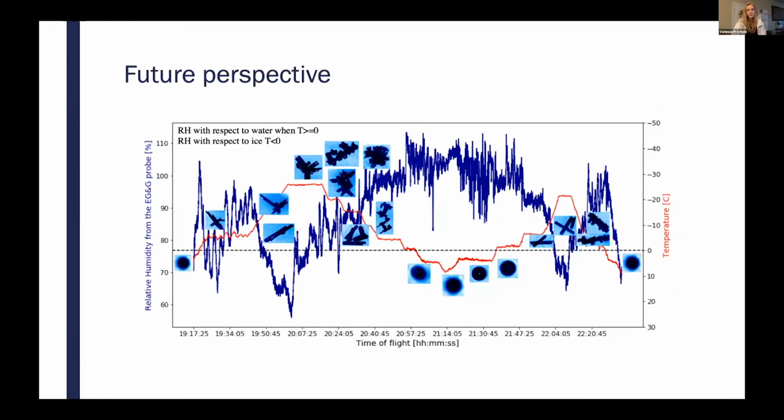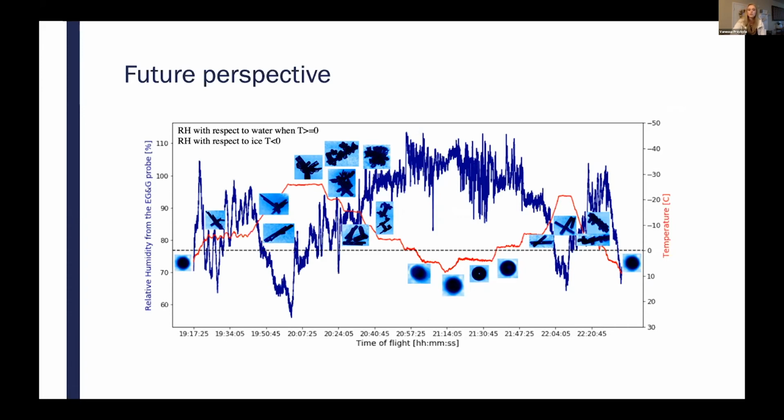To wrap up, in future perspectives, I have a plot that represents one potential project that could come out of this data product proposal. The relative humidity from a specific probe is on the y-axis on the left side, and we have temperature on the y-axis on the right side. We're plotting a few different variables here along one flight leg, with time increasing to the right.